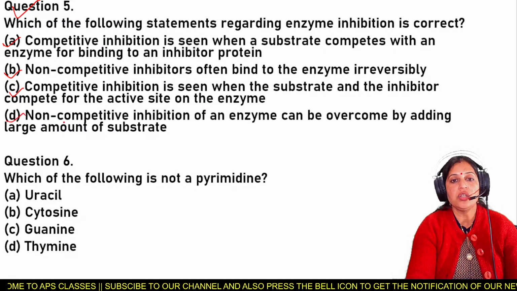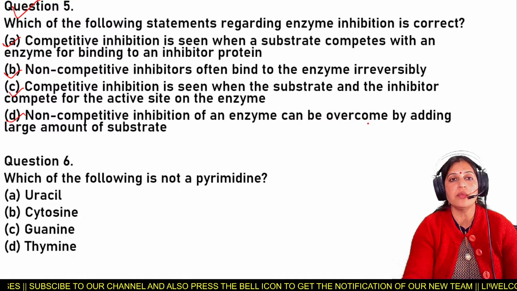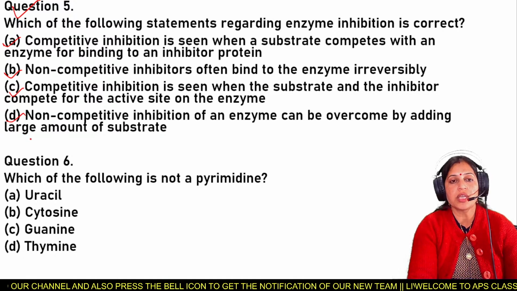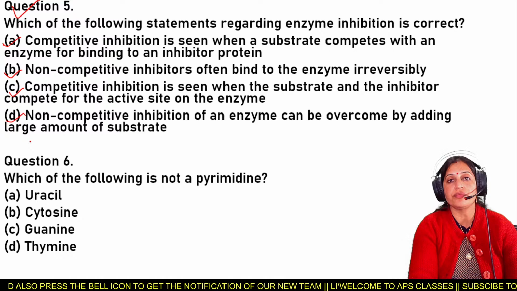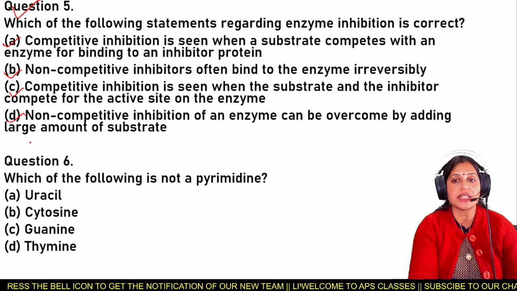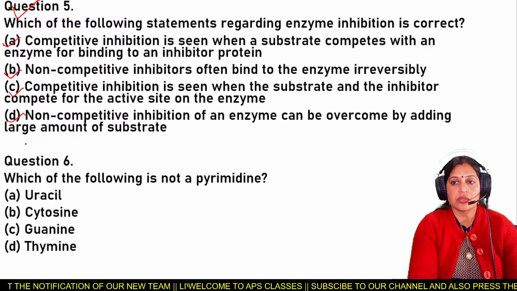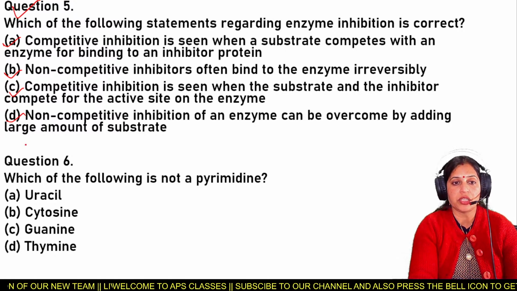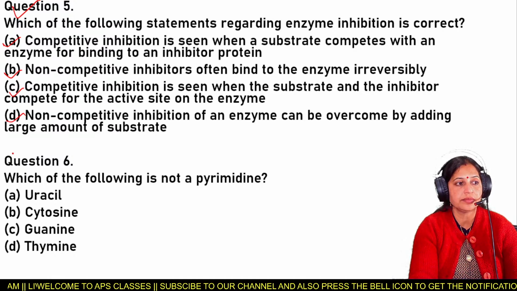D, non-competitive inhibition of an enzyme can be overcome by adding a large amount of substrate. So which of these statements are correct regarding enzyme inhibition? Quickly tell me the answer to question number 5.